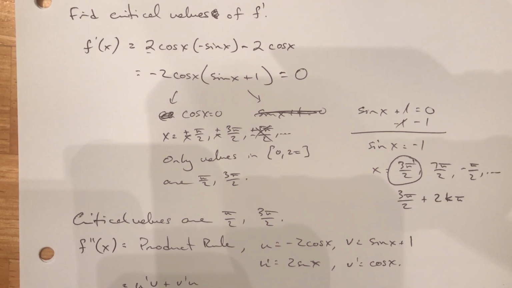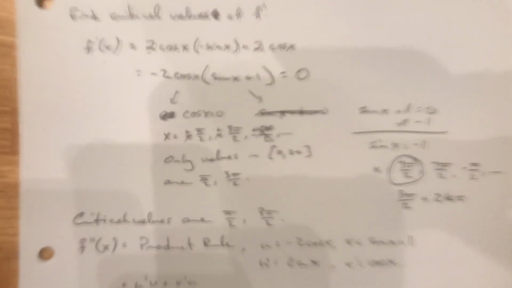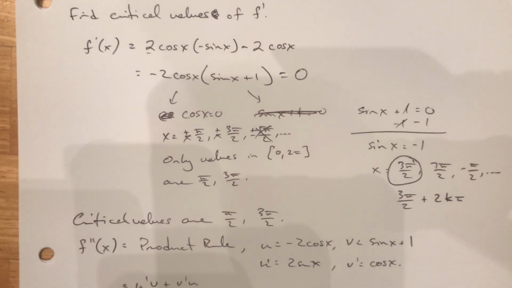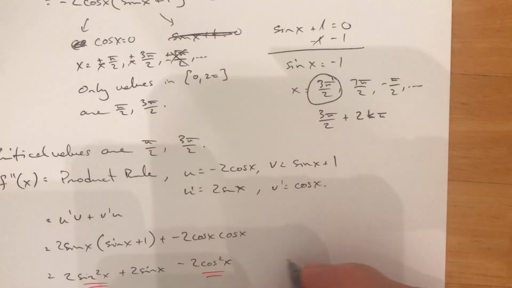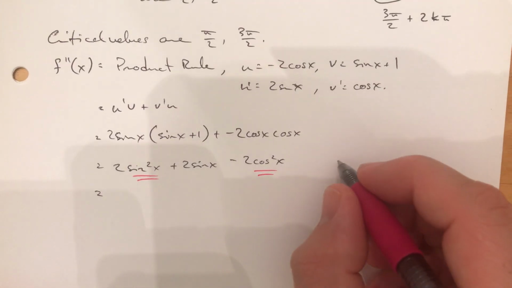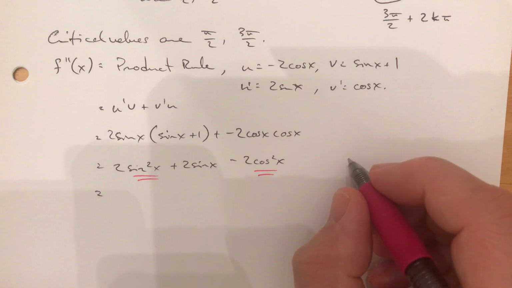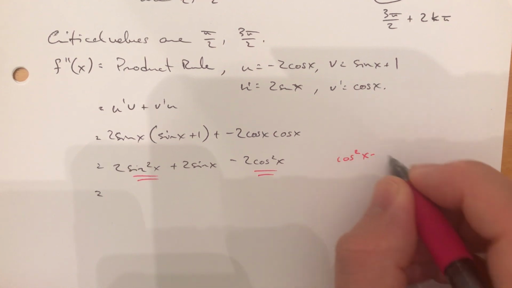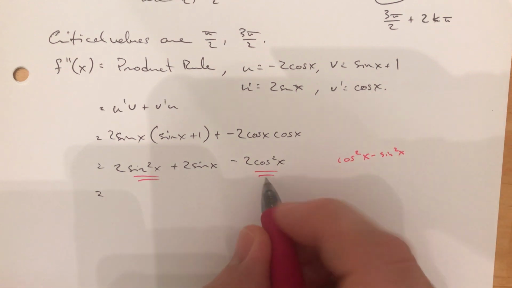And if we look at these, sine squared x minus cosine squared x, I believe that is some sort of trig identity. Let me look at the back of the book here. I see that cosine squared x minus sine squared x, it's close to what we have.